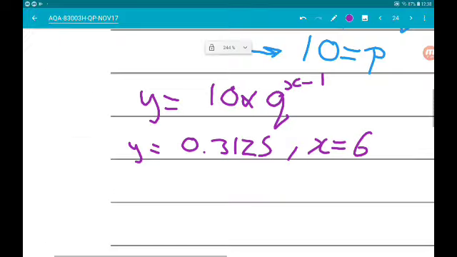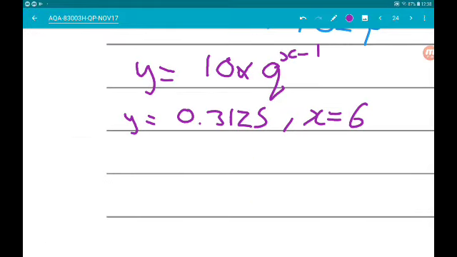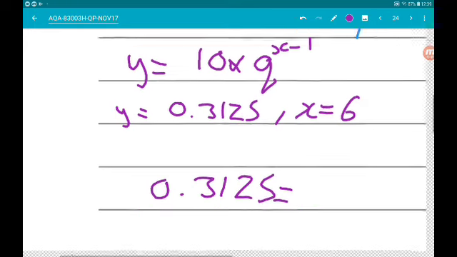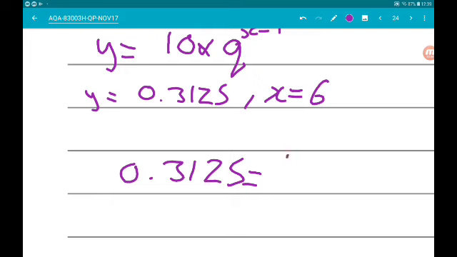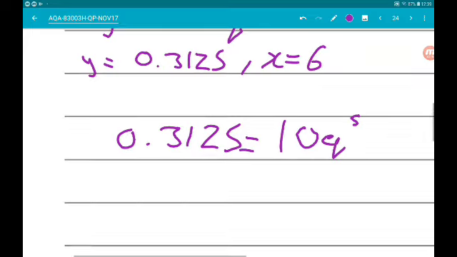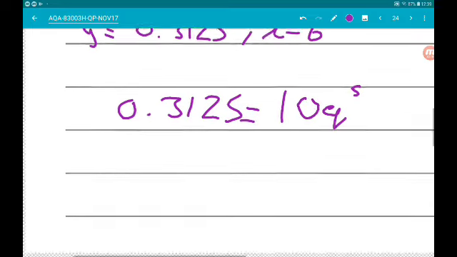So if we substitute those in, we get 0.3125 is equal to 10 q to the 6 minus 1, so to the power of 5. Okay, so now we want to solve that for q.